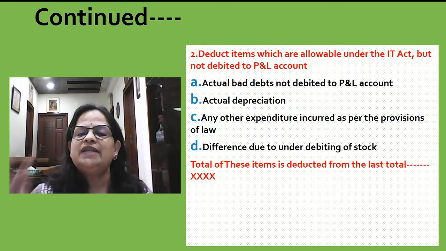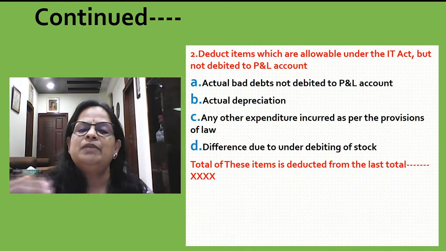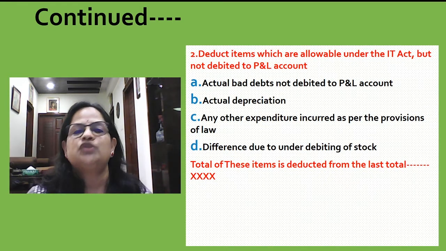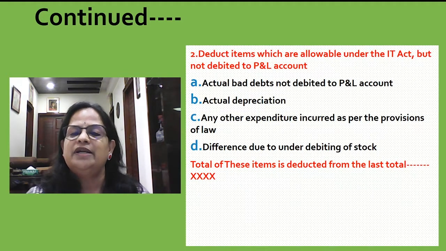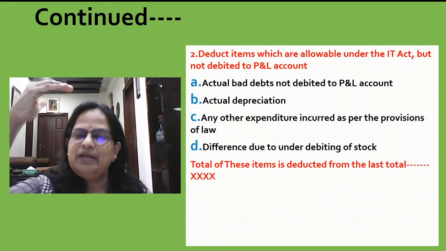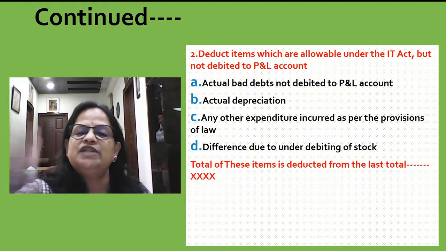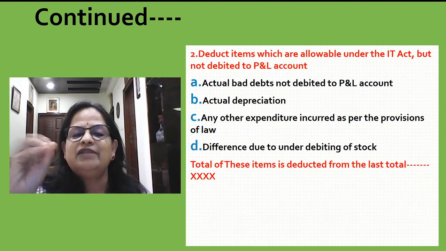If it's given that it's allowed as per the Income Tax Department, it will be there in the additional information. Then this you have to remember, difference due to under debiting of stock. This item will usually be there in the problem. Under debiting, over crediting, you have to remember where to adjust. Now net profit, you added disallowed items, you subtracted these items which are actually allowed. Now you will arrive at a value.